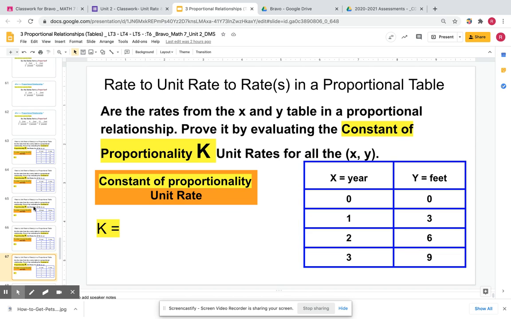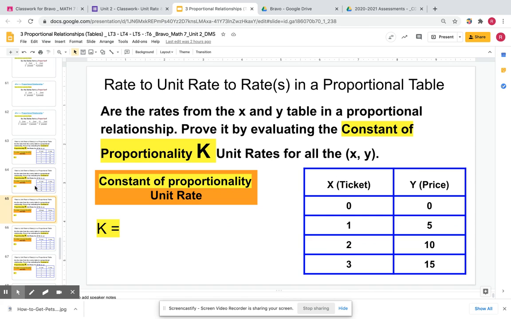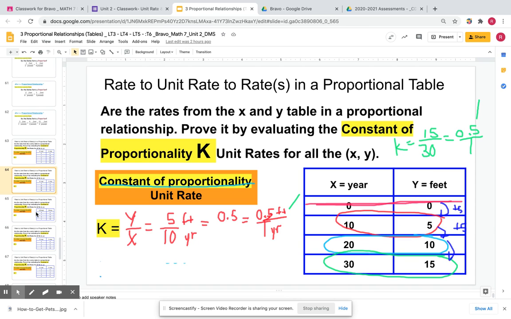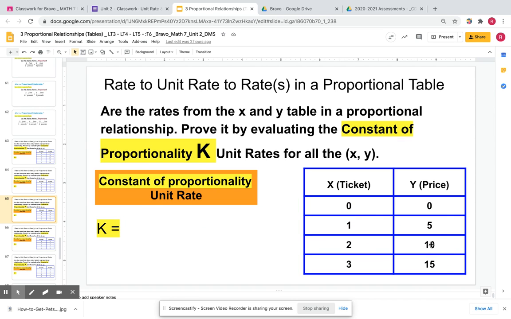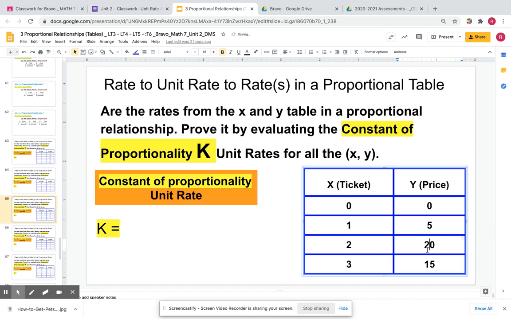Let's do this one. Let me just change the numbers. All right, so is this table proportional? Well, we have to check it by finding the constant of proportionality.